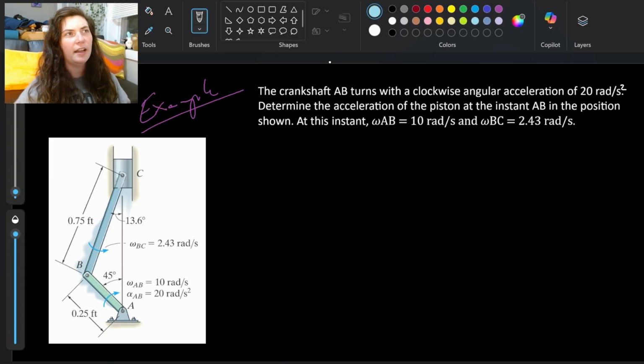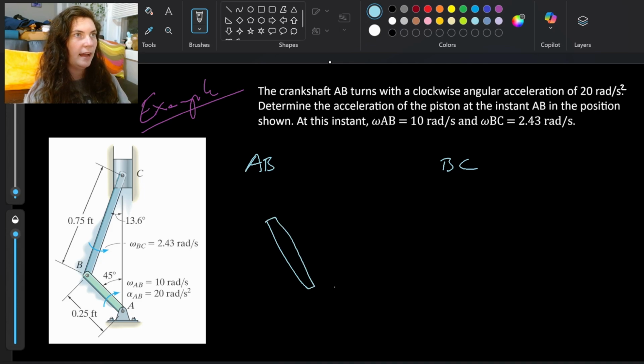So I noticed that we have two rods this time. Instead of in our last example, where we only had the one, AB, this time we have both AB and BC. If we look at what's going on here, I can separate them out if I want to. We could also leave them together, but I like to visualize them as separate entities.